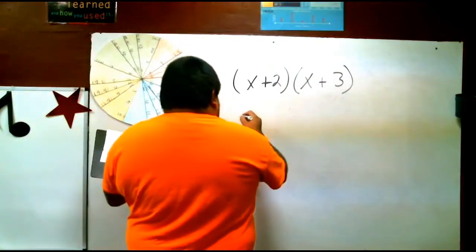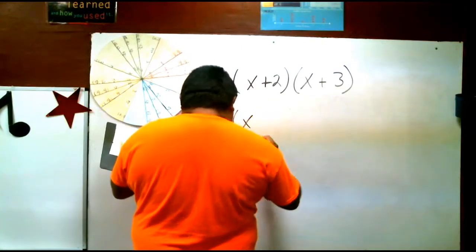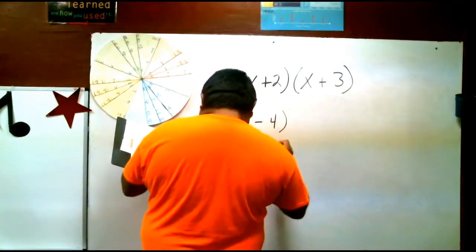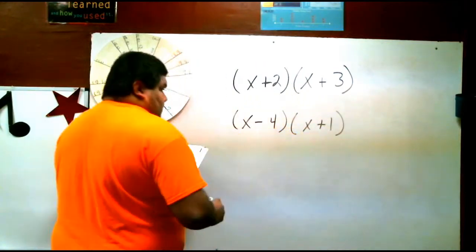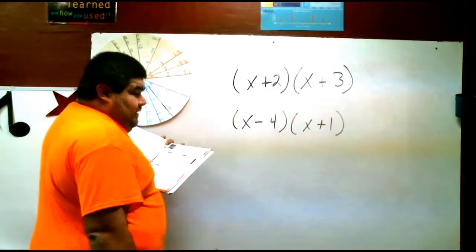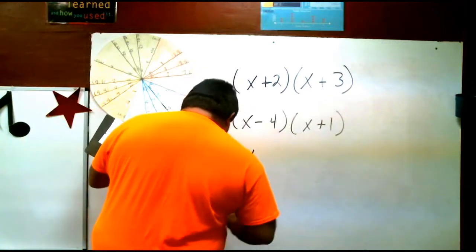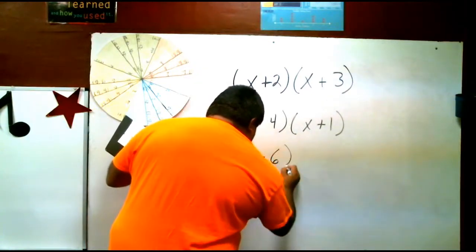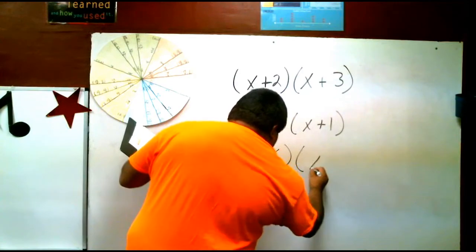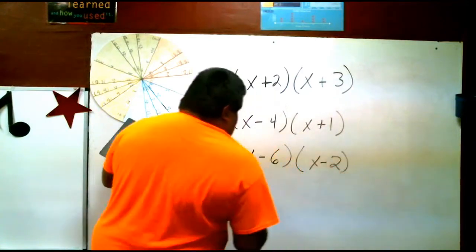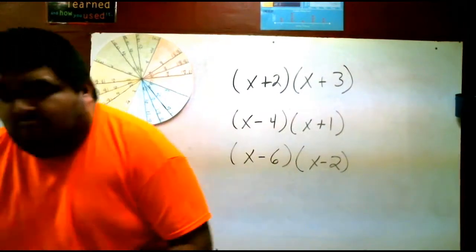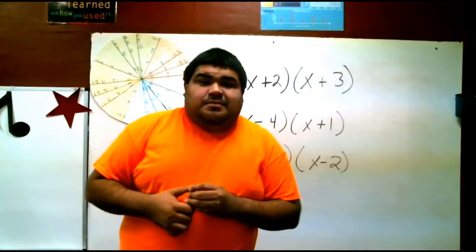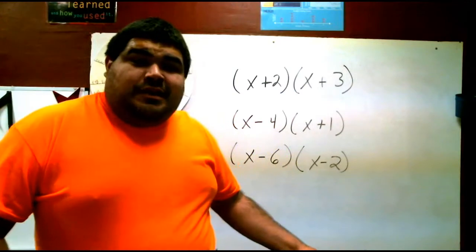Then we have x minus 4 times x plus 1, and then finally x minus 6 times x minus 2. Remember, we're doing them horizontally. That's the method we're using today for multiplying polynomials.